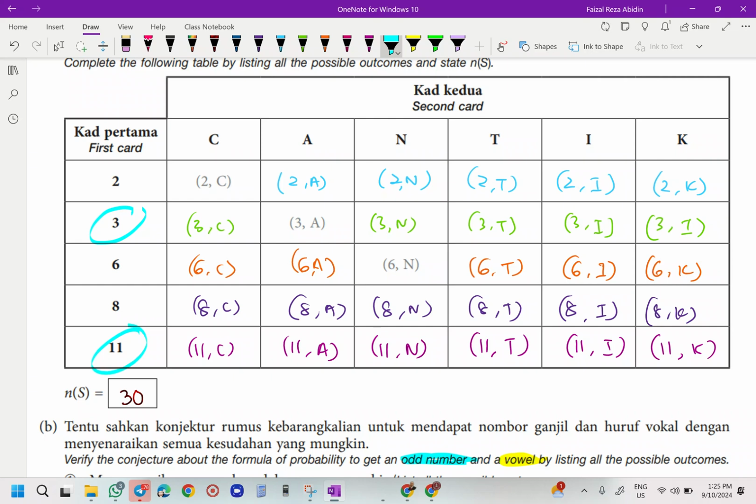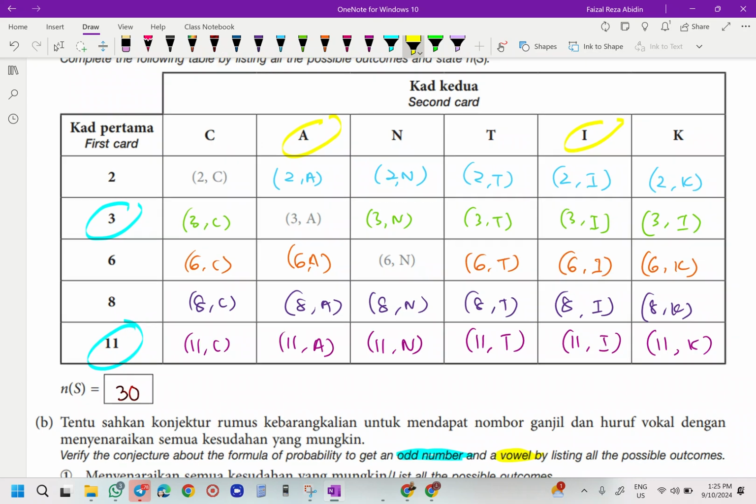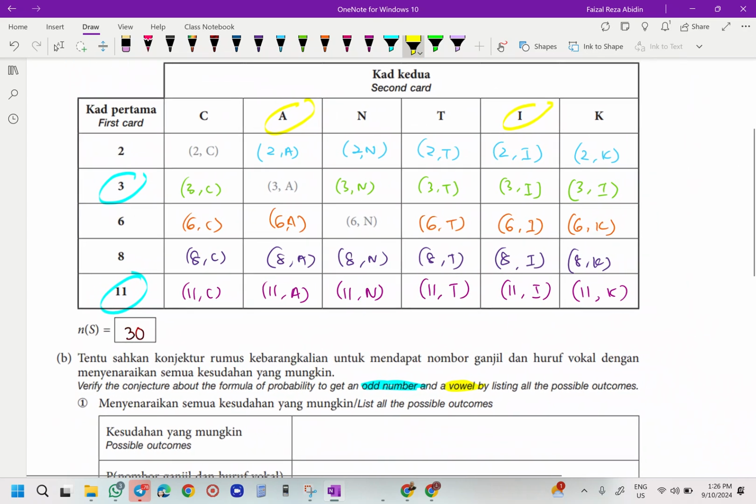Odd is going to be 3 and 11. Which ones are vowels? A and I. So it must be 3A, 3I, 11A, 11I. So you just write back over here the possible outcomes.